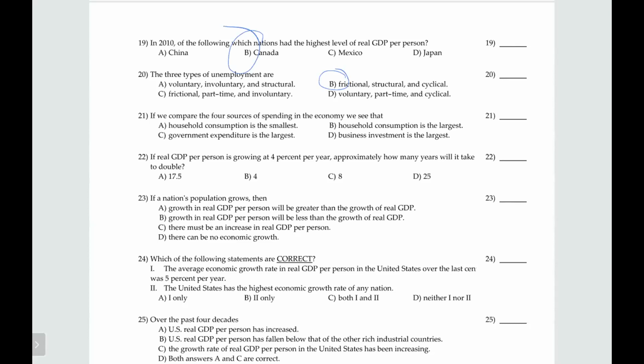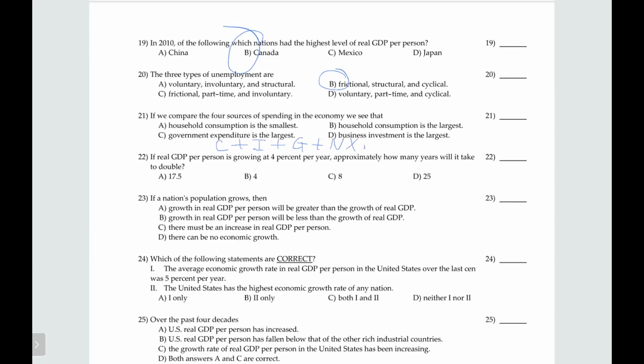21. If we compare the four sources of spending in the economy, we see that, okay, so now remember we can look at the GDP through expenditure. The expenditure includes C plus I plus G plus NX.